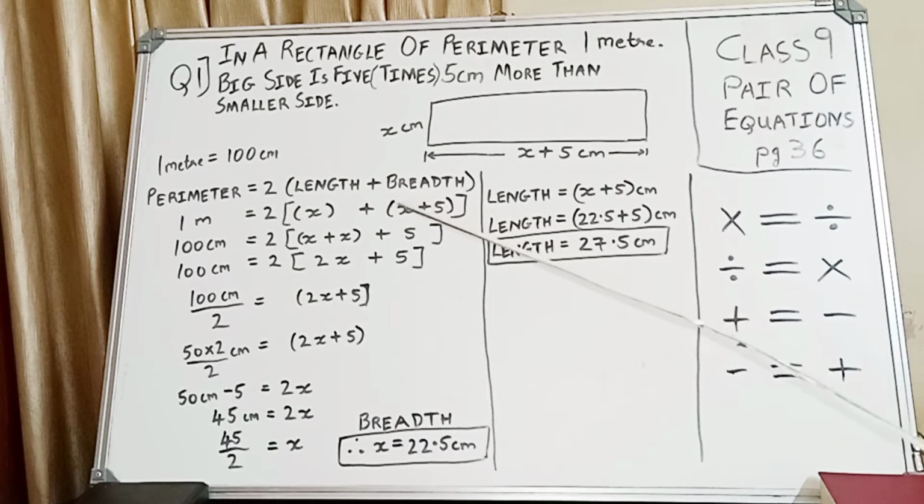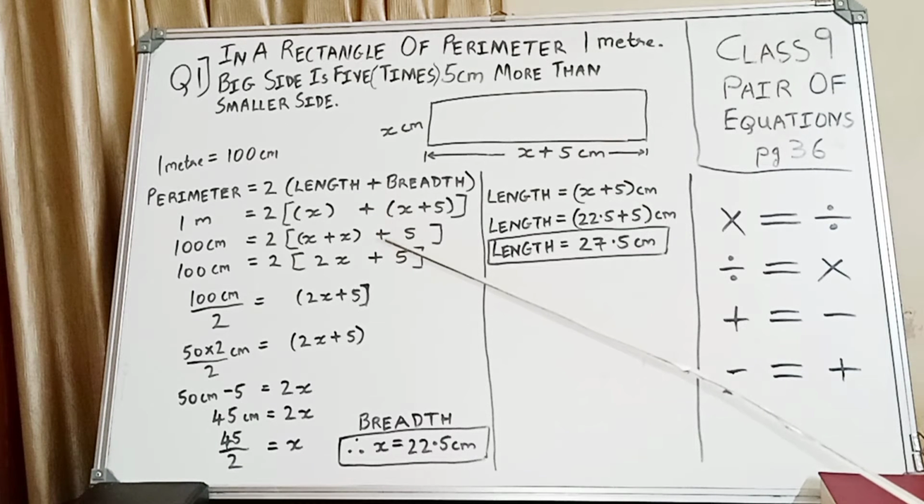Okay, this x plus 5, when the addition is there, the x and x terms, since they are similar, will go together, will come in one bracket, and plus 5. This plus 5 is carried forward from here.